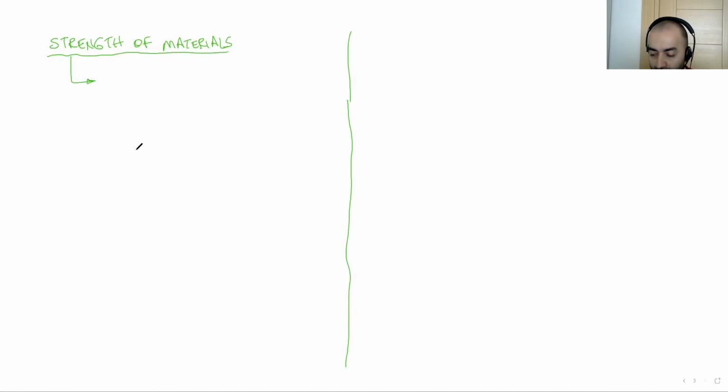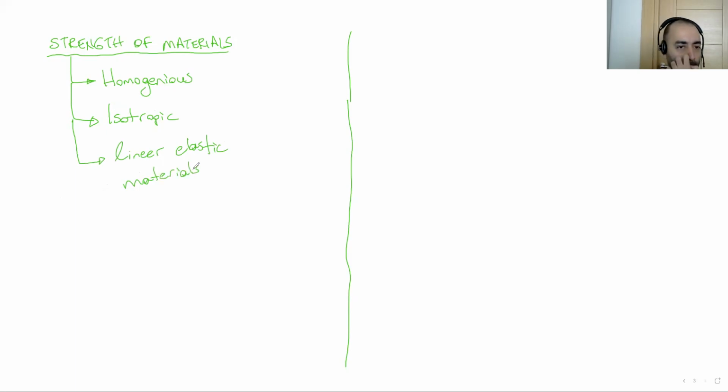Here we deal with homogeneous materials, we deal with isotropic materials, and we deal with elastic materials, linear elastic, by the way, in strength of materials.